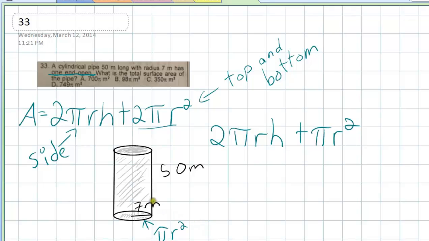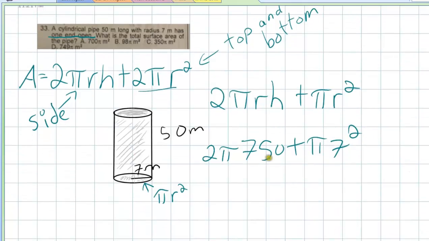Alright, they already gave us our radius, that's 7 meters, and our height is 50 meters. So we can plug these two values in, and we'll get our answer. So 2 pi times the radius, which is 7, times the height, which is 50, plus pi times, again, the radius is 7 squared. Sorry, I was not very neat with my handwriting here. So it's 2 times pi times 7 times 50.